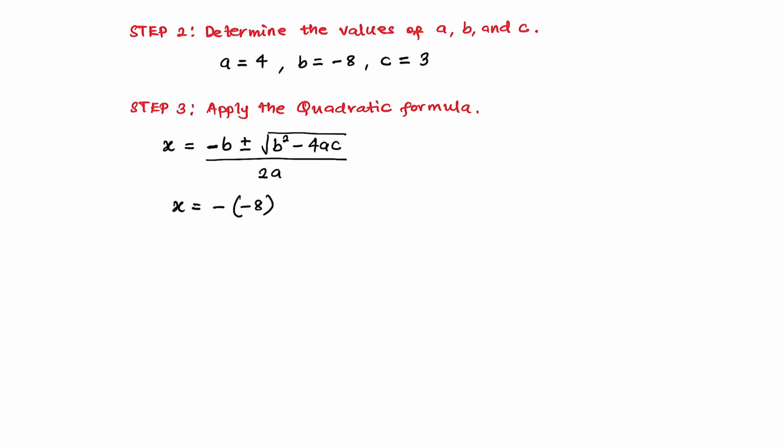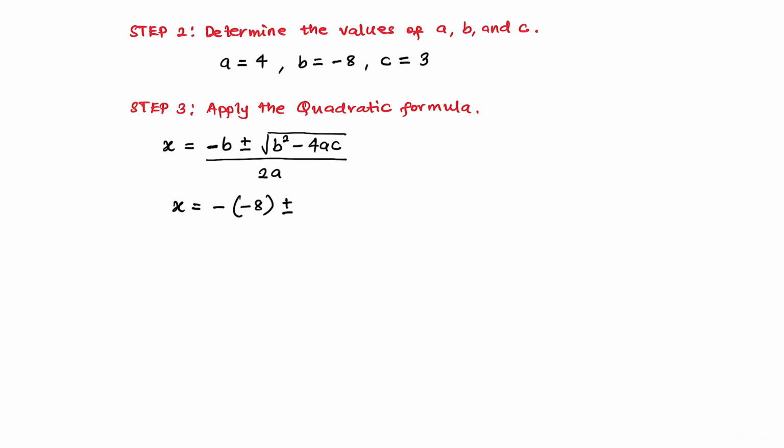No, the negative of b still holds. So we have negative 8, because b is negative 8, not 8. If b was 8, then we would have had minus 8, but because b is minus 8, applying the formula correctly, we will have minus 8.